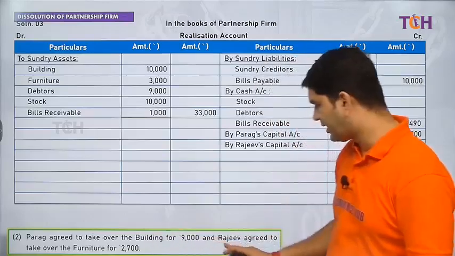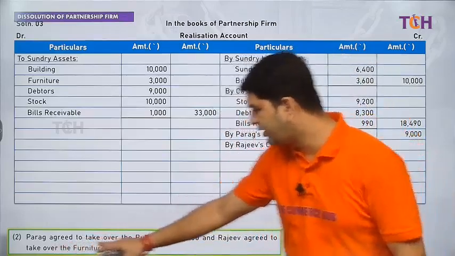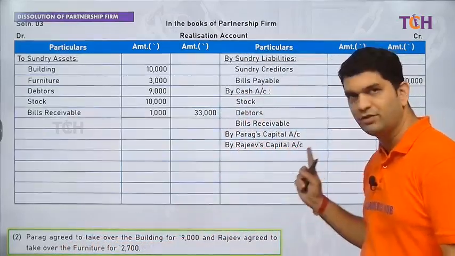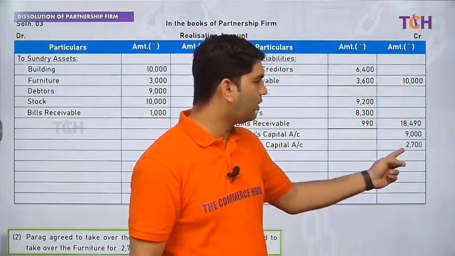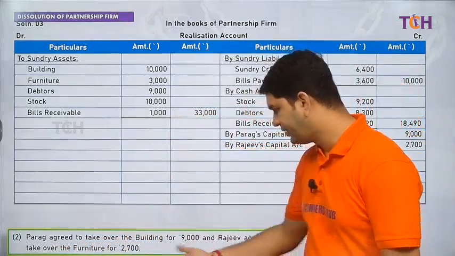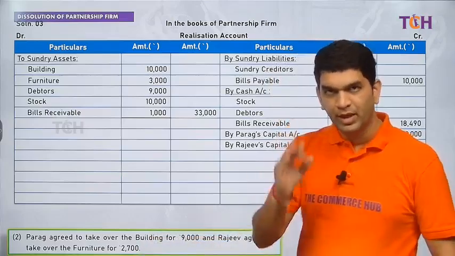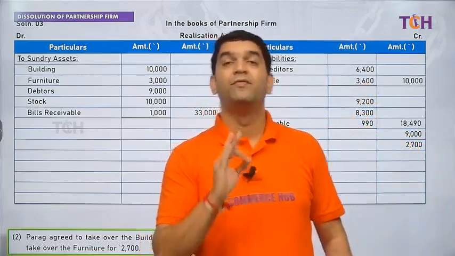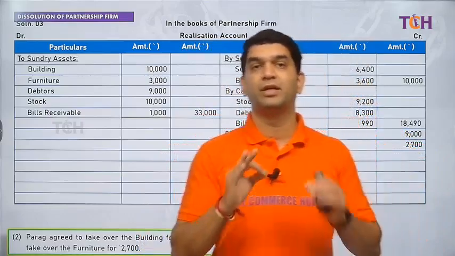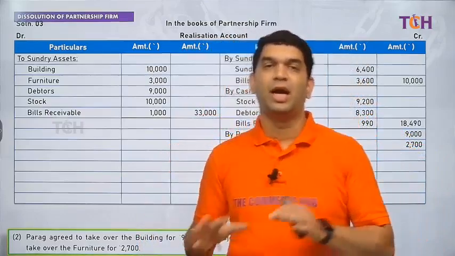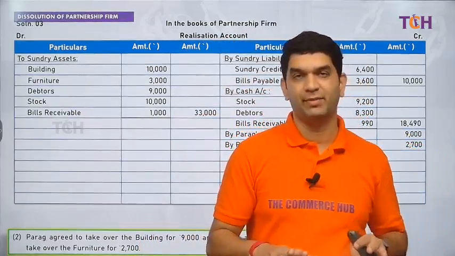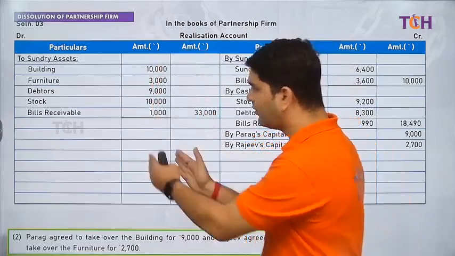Then the other partner, Rajiv, agreed to take over furniture. So we'll write by Rajiv's capital, amount outer column 2,700. These are the amounts we should record. Again, just to remind you, we will never check whether there is a profit or a loss at the time of revaluation of assets and liabilities. We have already recorded the book values.